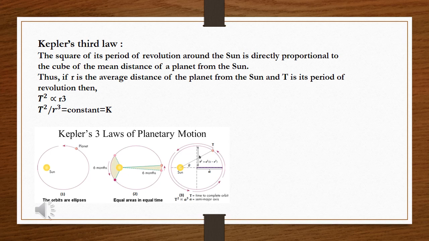That means the square of its period of revolution around the sun is directly proportional to the cube of the mean distance of the planet from the sun. That is, T squared is directly proportional to r cubed. So T squared upon r cubed equals a constant, call it k.